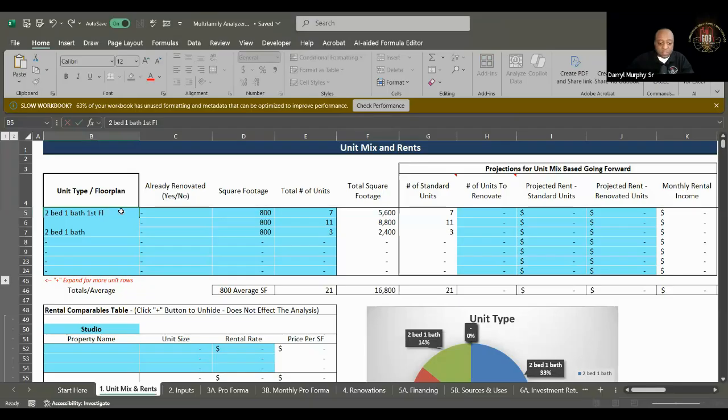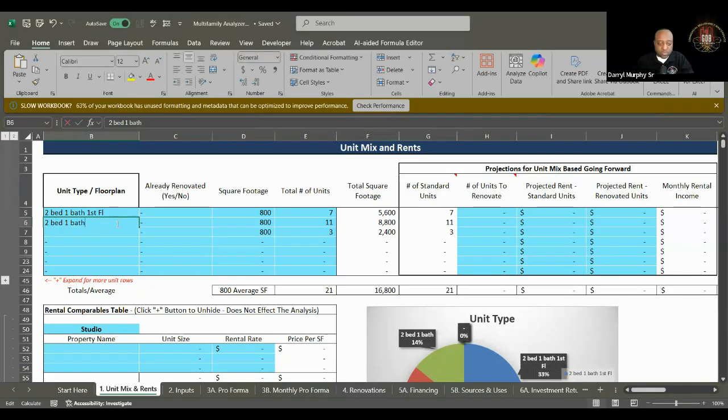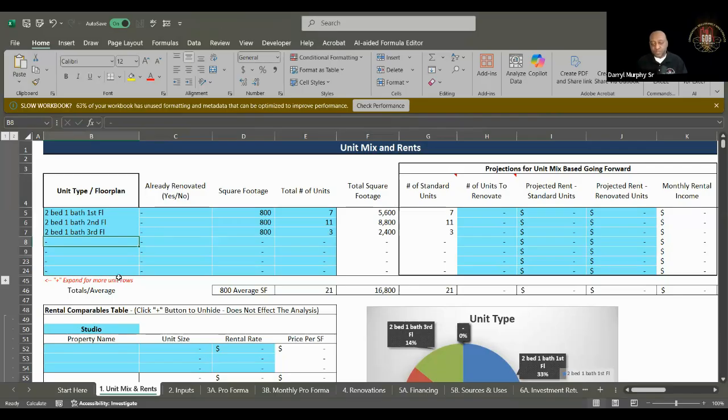First floor, second floor, third floor. Okay, let's go ahead and get started.